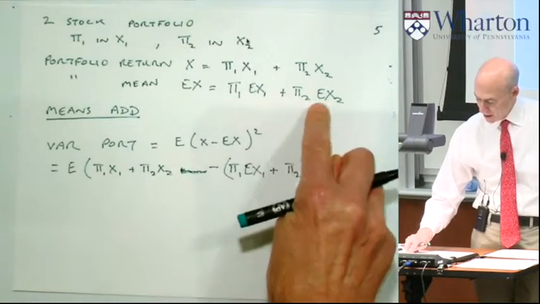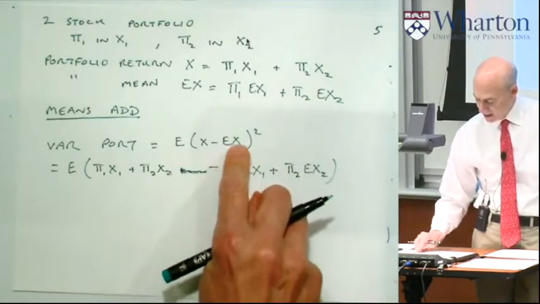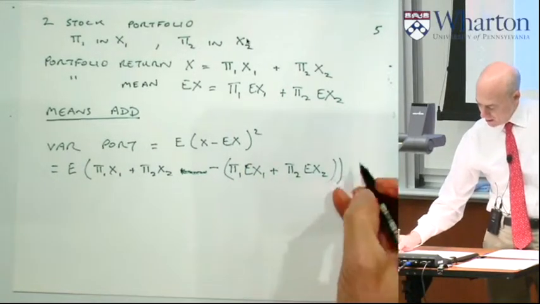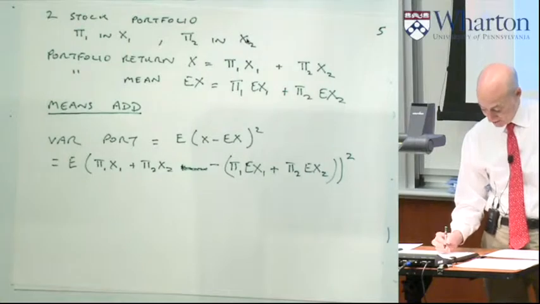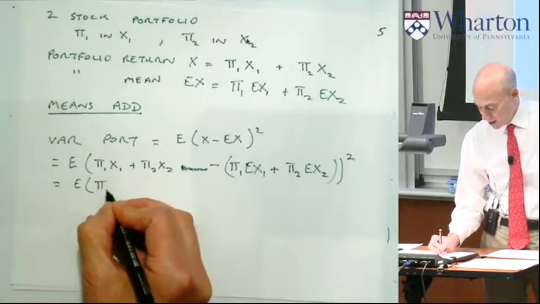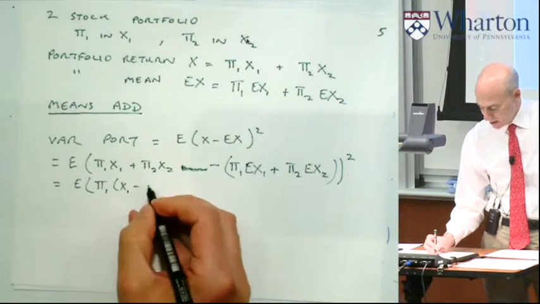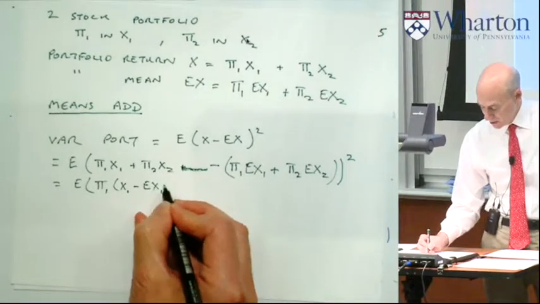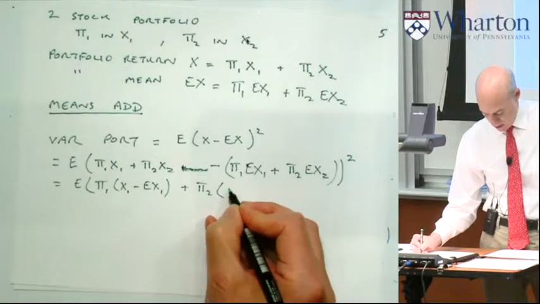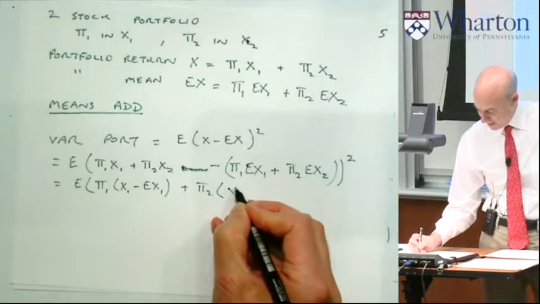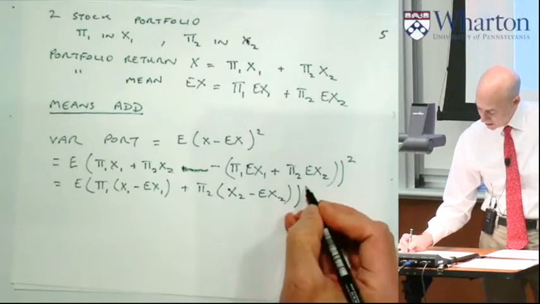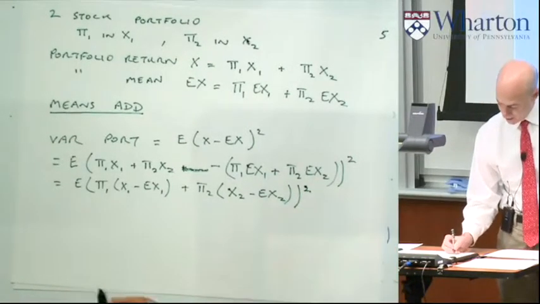That's all squared, and so we can write that as E of (pi 1 (x1 minus EX1) plus pi 2 (x2 minus EX2)), and that's all squared.